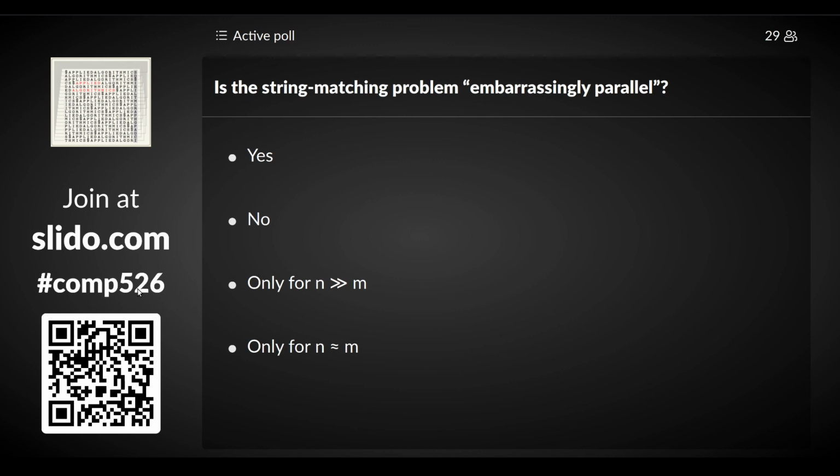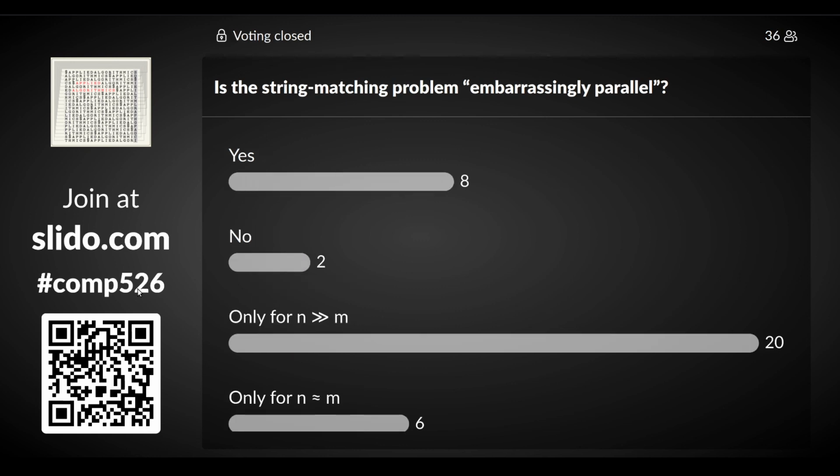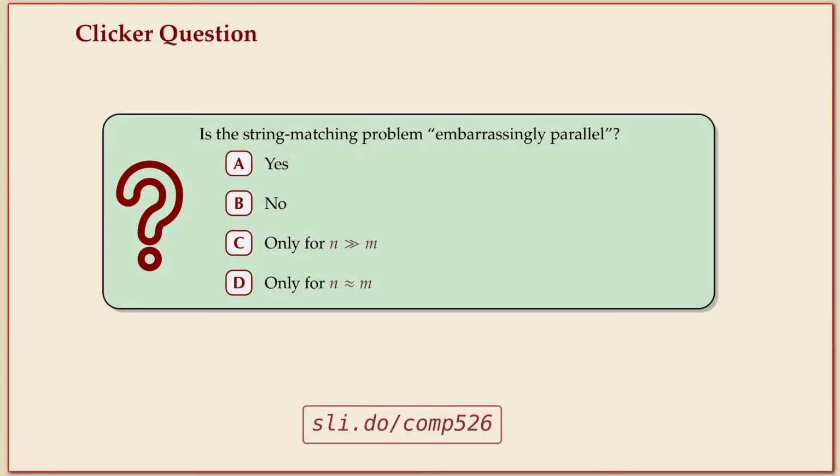I'll wait till we have 30, even though the picture is fairly clear now. Okay. If you were quick last time, you would have seen this answer anyway.